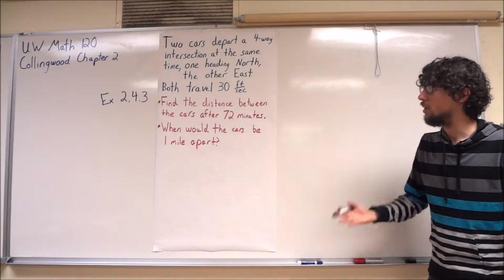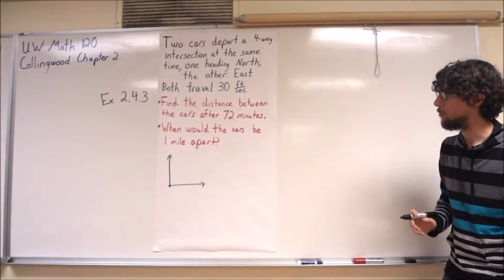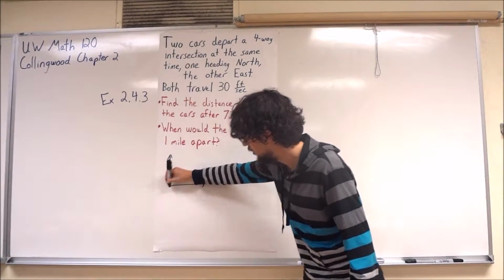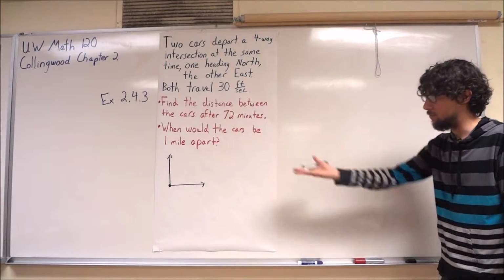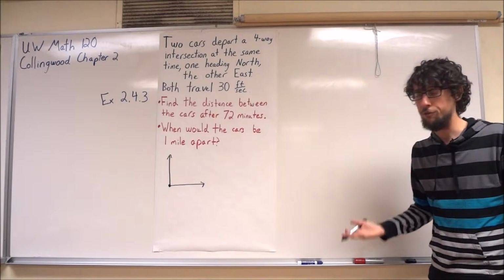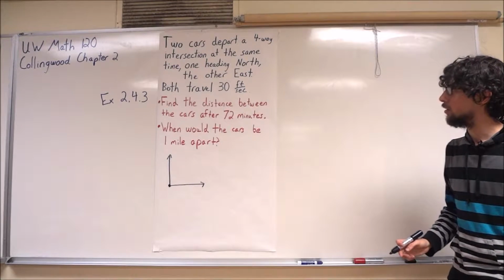So as usual, let's start by drawing a picture. I have a dot representing my intersection here. And this picture, although I was drawing it as a picture of the cars, functions quite well as a coordinate system as well.